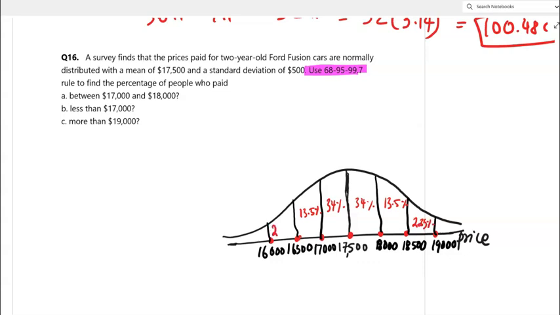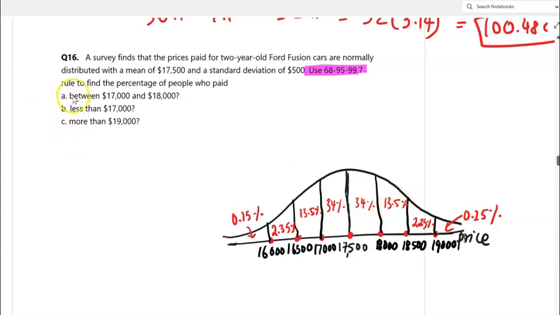Again, this is the standard. 2.35%. And the other side here is 0.15%. The side here is 0.15%. So that's what you've got to do. If you use the 68, 95, 99.7 rule, you have to draw this chart. These are fixed percentages here.